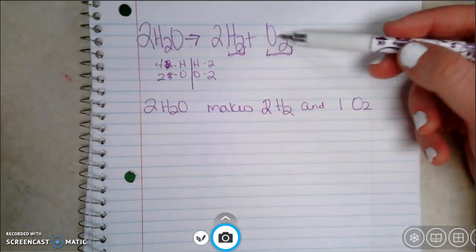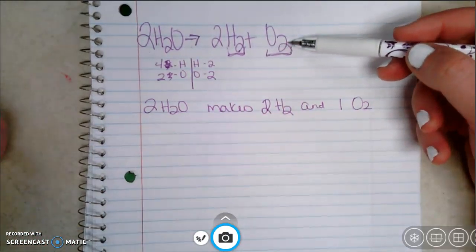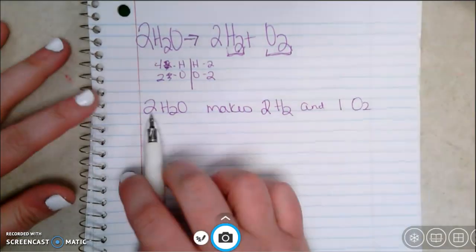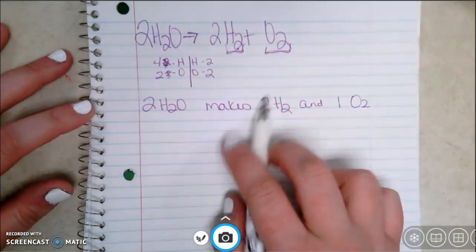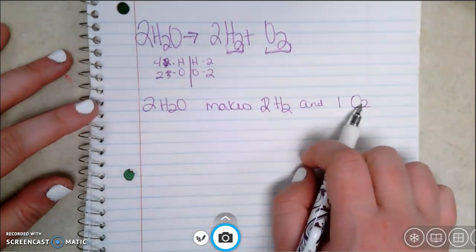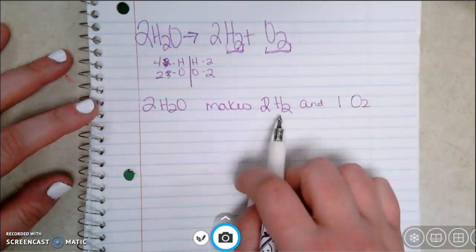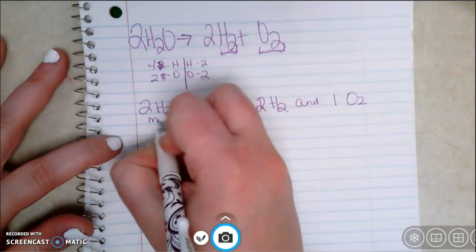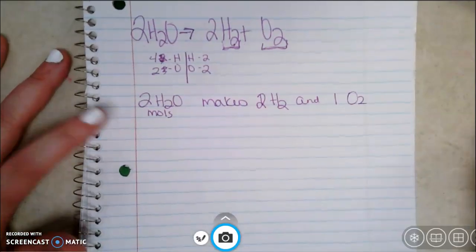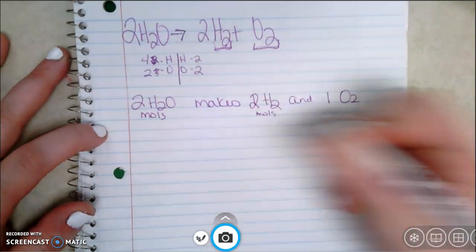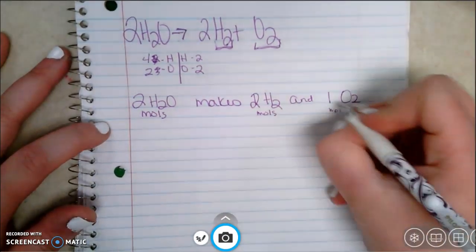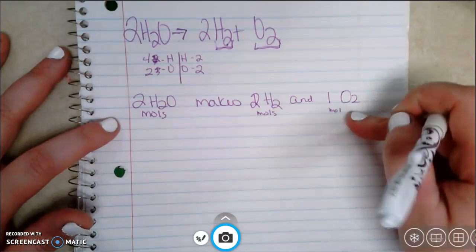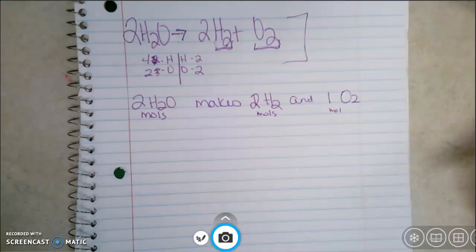But once they're together, we're not going to pick them apart. So, for every 2 molecules of water, I get 2 molecules of H2 and 1 molecule of O2. What this also means is that for every 2 moles of water, I get 2 moles of H2 and 1 mole of O2. So I can use this as a conversion factor.